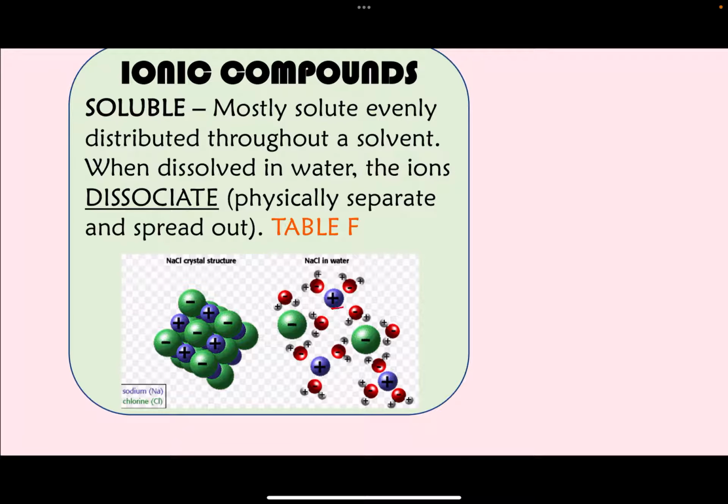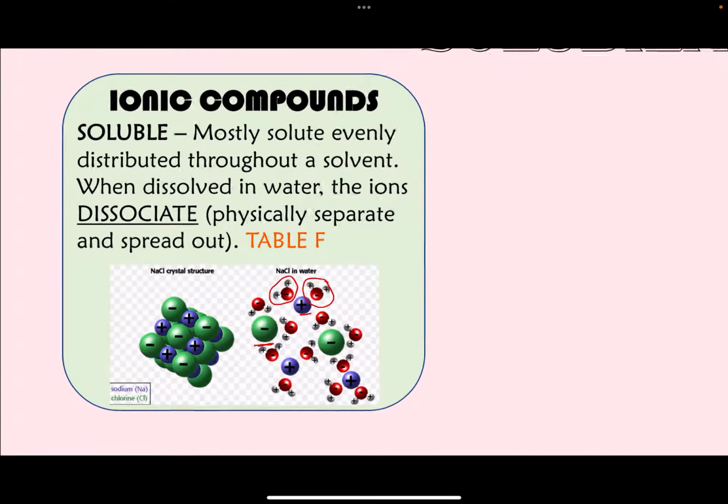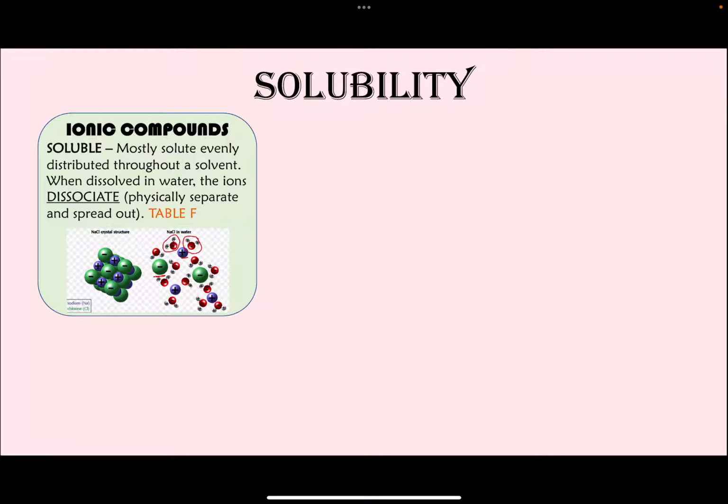The positive and negative ions of the sodium chloride are attracted to the partial positive and partial negative sides of the water molecule. This is how most ionic compounds behave in solutions. However, there are some ionic compounds that are insoluble in water. We can determine what those are using Table F, which again we'll look at in more detail in a bit.